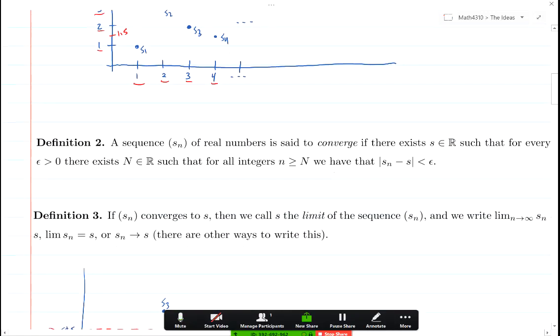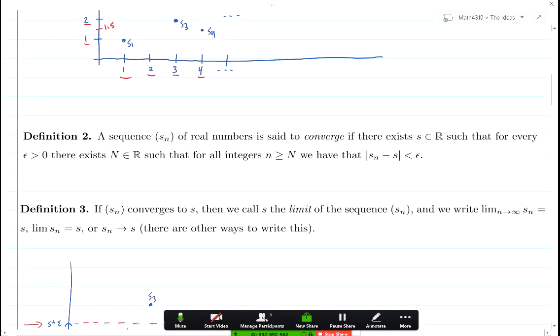All right, let's look at what it means for a sequence to converge. A sequence S sub n of real numbers is said to converge. In italics, I'm defining what I mean; the property I'm defining is always in italics.